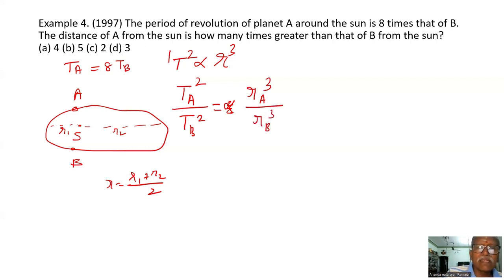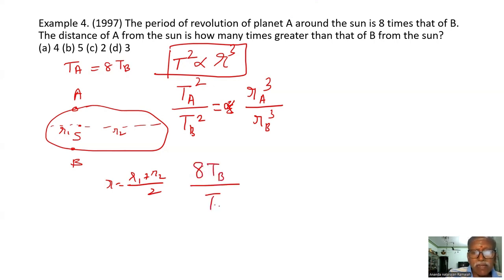By knowing this relation, we can write. But TA equals 8 times TB. So we can substitute: 8 TB divided by TB square equals RA cube divided by RB cube.